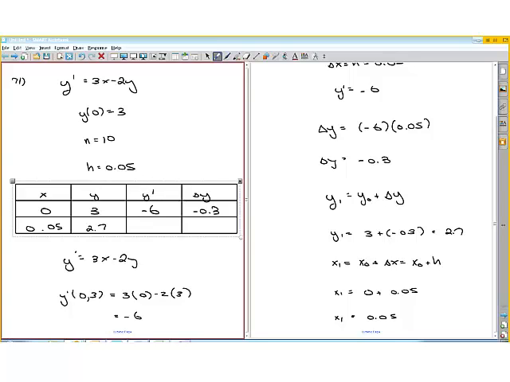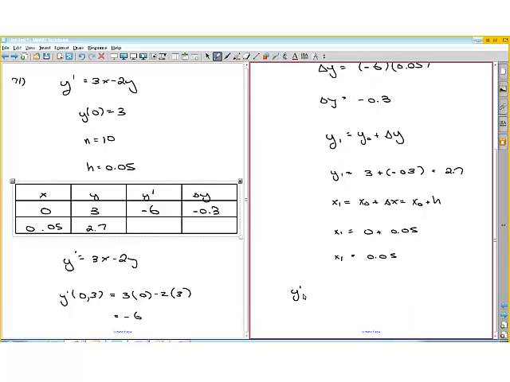So you would calculate a new value of y prime by going up to wherever it is here. And so let's do that. So let's say y prime at x equals 0.05 and y is equal to 2.7. All we do is then plug it back into here. So you get 3 times 0.05 minus 2 times y, which is 2.7. So I'm just plugging it in here, the x value and the y value.